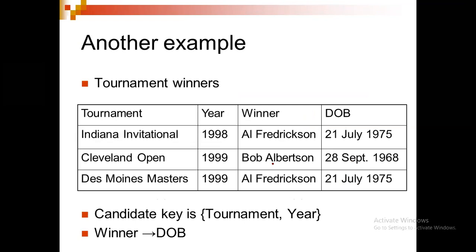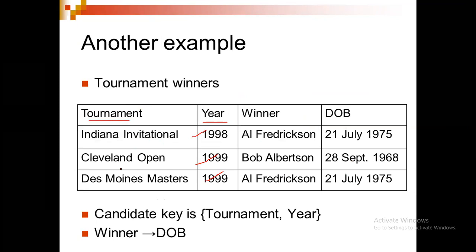So I can go for another example. Here you can see tournament is an attribute and year is an attribute. This tournament has been played in so and so year, so we call these two candidate keys.